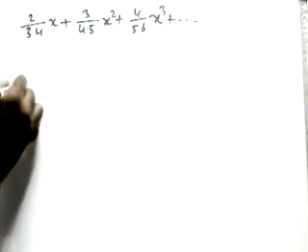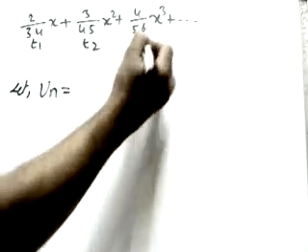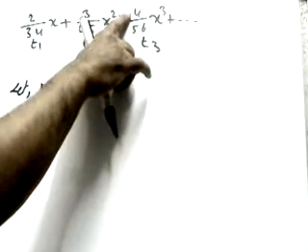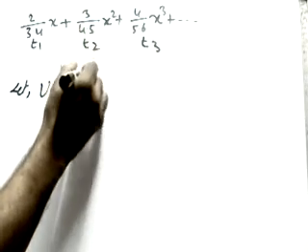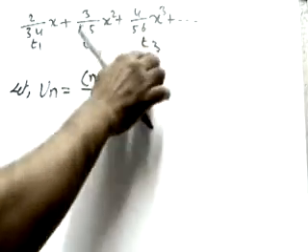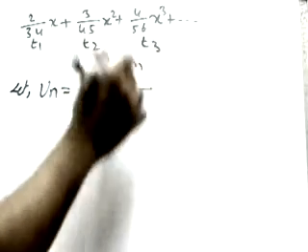So here let me do one more question. Let un equal, so you see here, this is the first term, this is the second term, this is the third term. Here 3, here 4, increases by 1, so for n you will get n plus 1 to x power. This is 3, this is 5, increase by 2, so n plus 2.